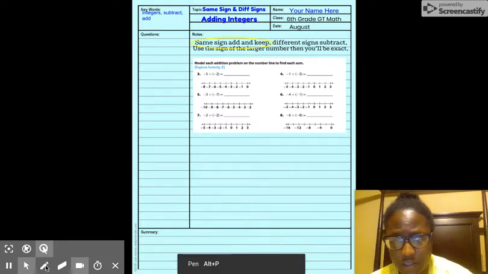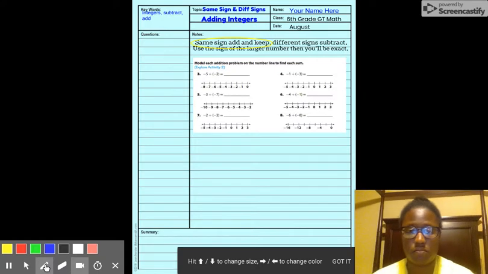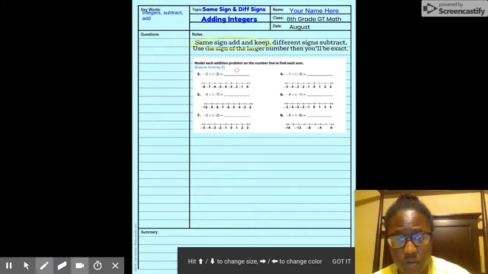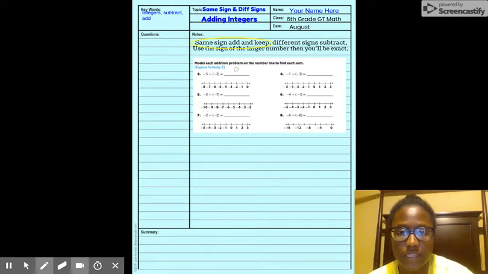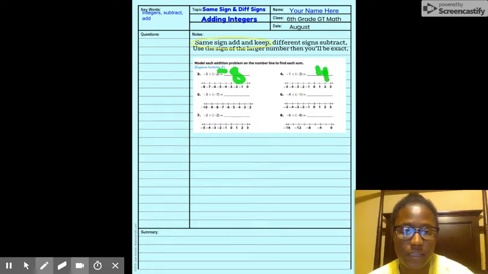Now I'm going to be writing this, so forgive me because I know this is about to look a hot mess. So it's going to be -8, and we're going to keep the sign, so it's going to be negative. This one right here, same sign, so we're going to add 3 plus 1 is 4, and then we keep the sign. So this one's going to be -4.